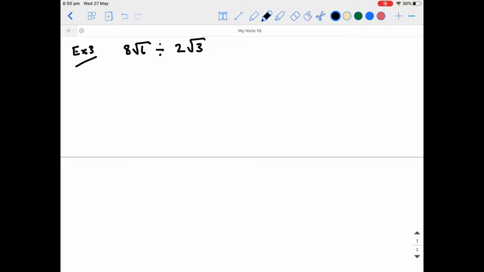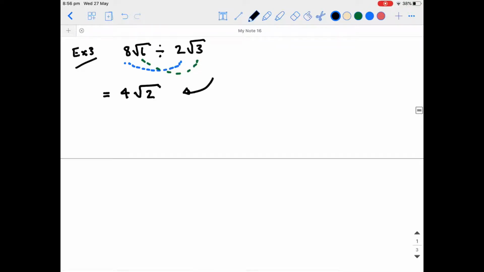So if we take the whole numbers in front of the surds, which is the 8 and the 2, then 8 divided by 2 is 4, and if we then take the square root of 6 and divide it by the square root of 3, we end up with the square root of 2.